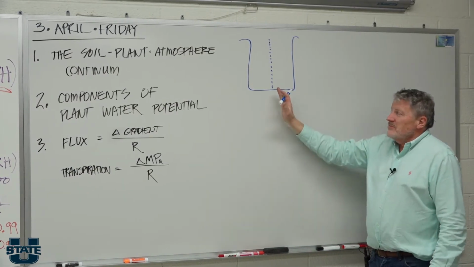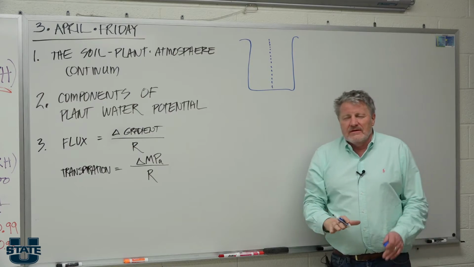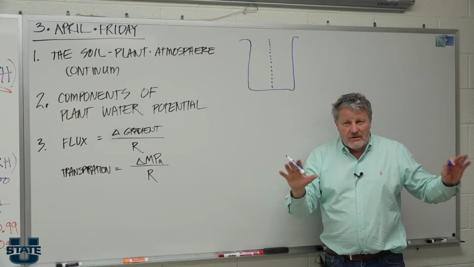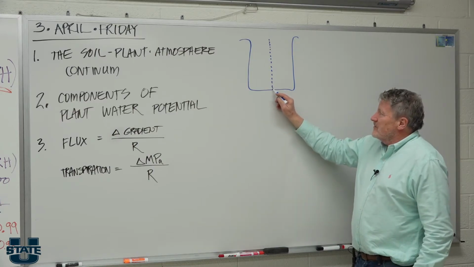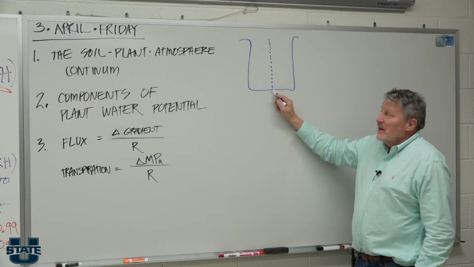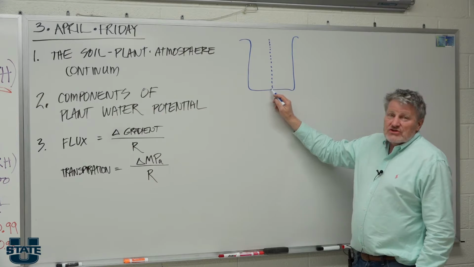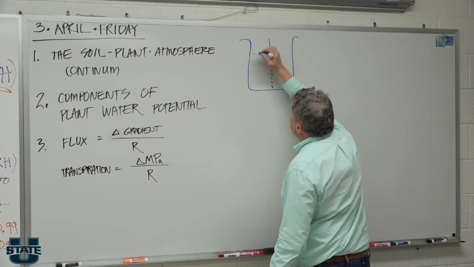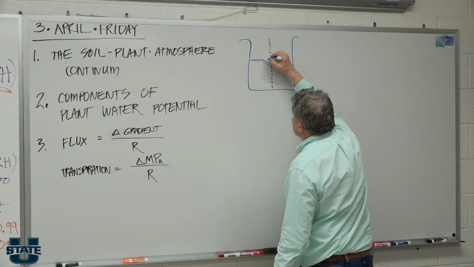Now this membrane could be something like plastic wrap, real thin, but it's semi-permeable, and it's going to separate this. Now we're going to start with this, so it's right in the middle, and we start with water.